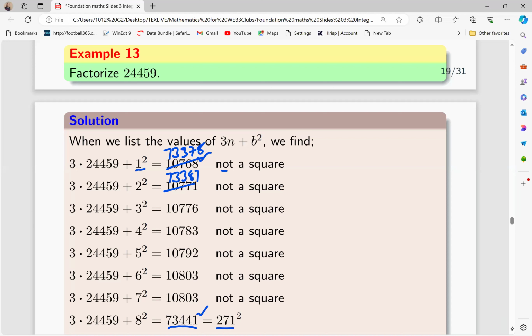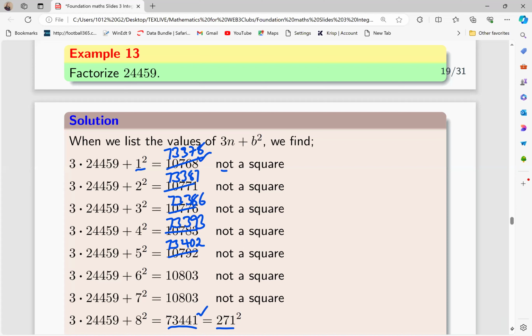When it's 3, that becomes 73,386. But again, it's not a perfect square when you try to find the square root. Then 4, that would be 73,393. And again, that would be not a perfect square. About 5, this would be 73,402, which is not a perfect square.